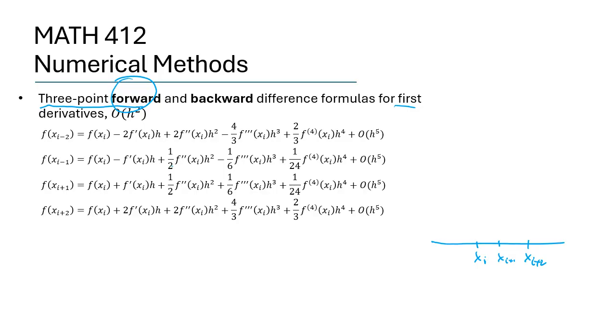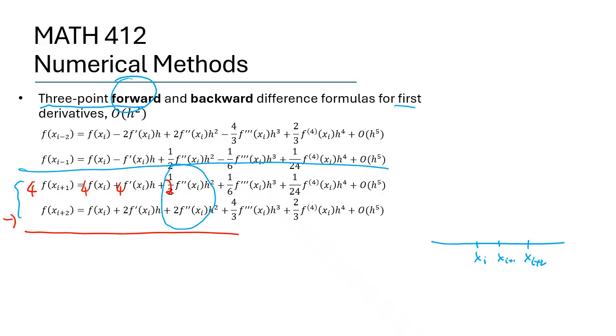We say, to cancel out this, we use these 2 formulas. Let's see. To cancel out this, times 4, 4, 4, and this will be 2, right? Therefore, do subtraction. You have 4f(x i plus 1) minus f(x i plus 2), and we have a 3f of x i. And this, we have 2f prime x i h.